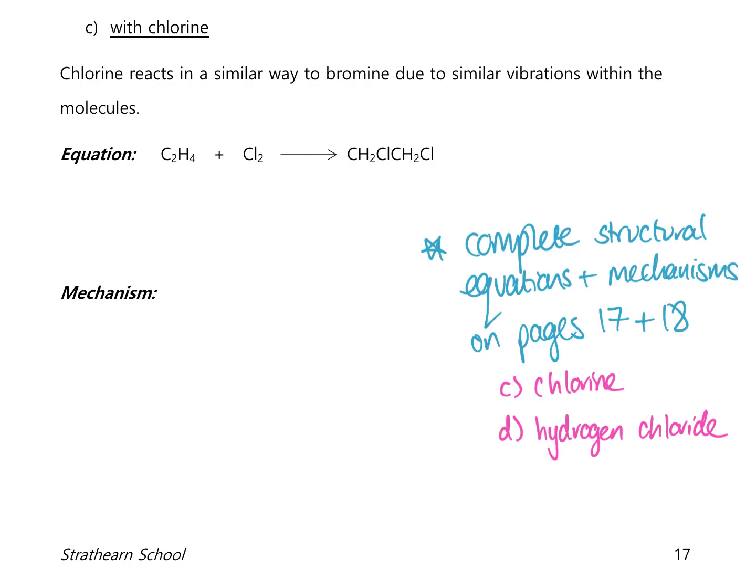So part C. The third example is on page 17, the reaction of ethene with chlorine. And what you'll see is that is an identical mechanism as with bromine, but just with chlorine instead of bromine. And then hydrogen chloride with ethene is over on page 17.